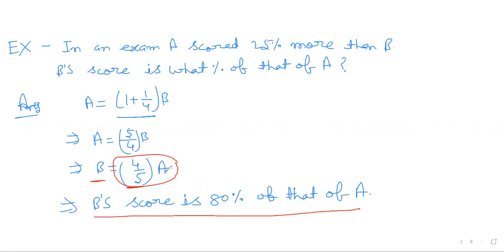And how can I write this? 4 upon 5, I can write 1 minus 1 upon 5. And 1 upon 5 is nothing but 20%. 1 is 100%. 100% minus 20% is nothing but 80%.